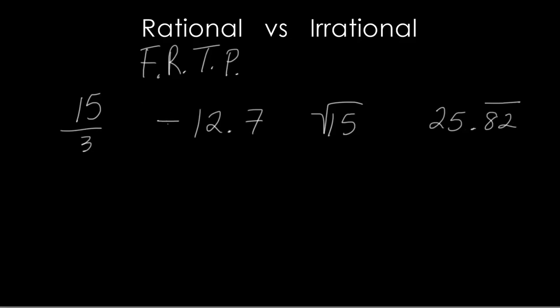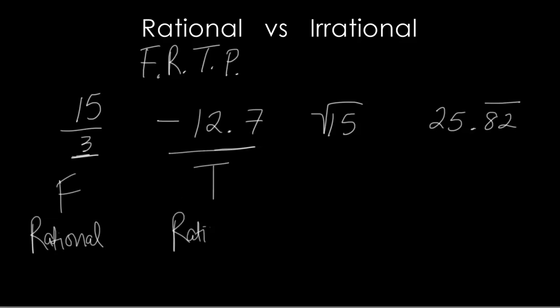So let's go through and can we tell what each one of these is, right? Okay, so 15 over 3. Is it a fraction? Yeah, it's a fraction. Done. So guess what? That's rational. Okay, what about this one? Fraction? No. Repeating? No. Terminating? Yes. Yep, it's terminating, so it's rational.